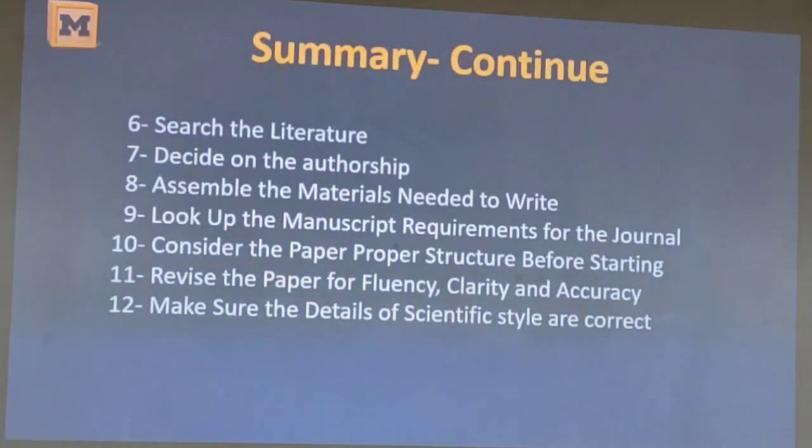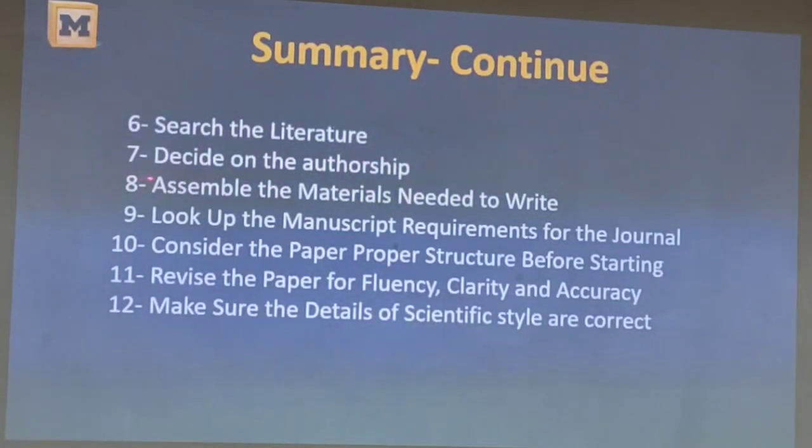Before you start, you have an idea, but is that a good idea? Look at the literature. If it is already reported, see how you can modify it to make it more interesting. When you read the articles, you may see a little deficiency that you can focus on.